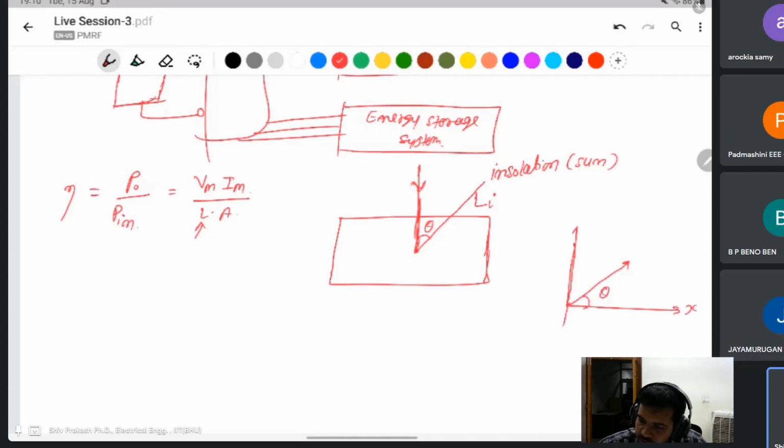Take these as the x and y axes. If you take some point P, this one is P cos theta, and this one is P sin theta.